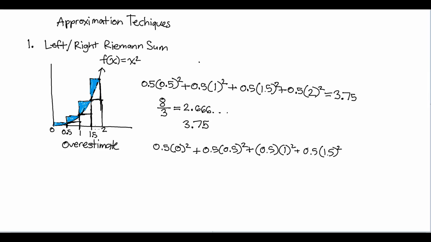So if we evaluate this, you get 1.75, which means it's an underestimate.